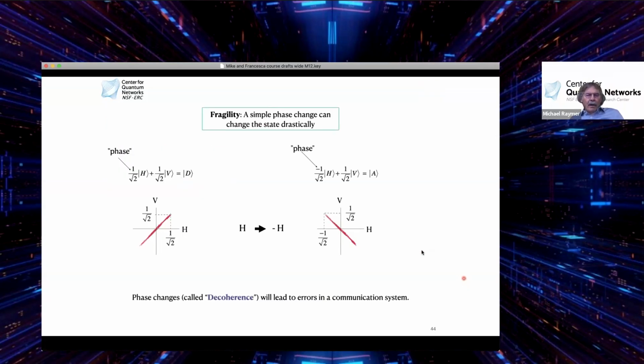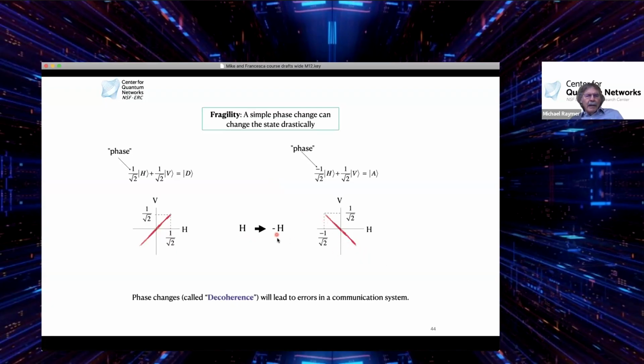Okay, so another subtle point here is that if I have a D oscillating photon like this on the left-hand side, and I just perturb it a little bit, so the plus 1 over root 2 becomes a minus 1 over root 2, the probabilities for H and V don't change. They're still 1/2 each, but now the oscillation is tilted to the A direction.